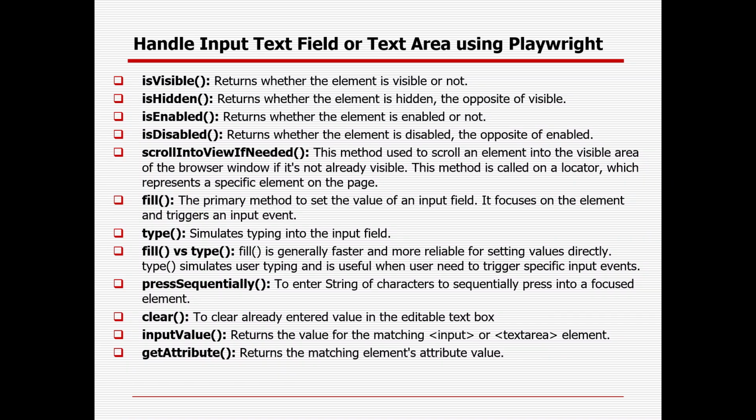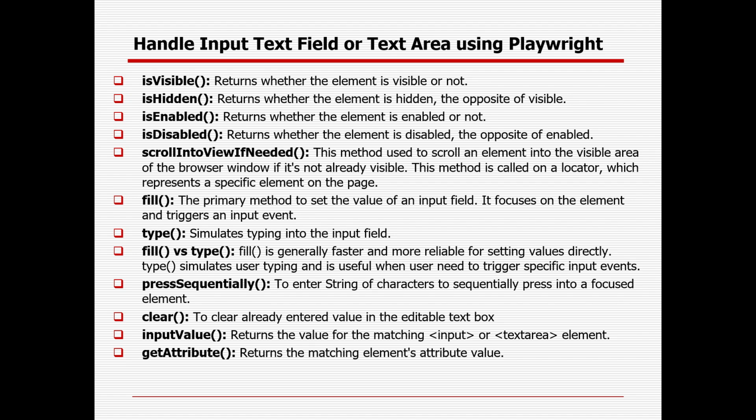Next, sometimes due to a window size issue, there is a scroll bar available, vertical or horizontal, and sometimes the element might not fit and your test might fail. So you can call the method called scroll into view if needed, so that it will automatically scroll your cursor to the element if it is not getting fitted.